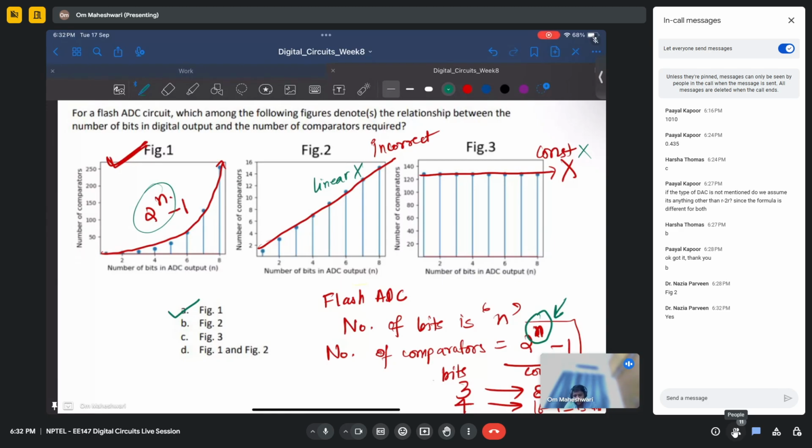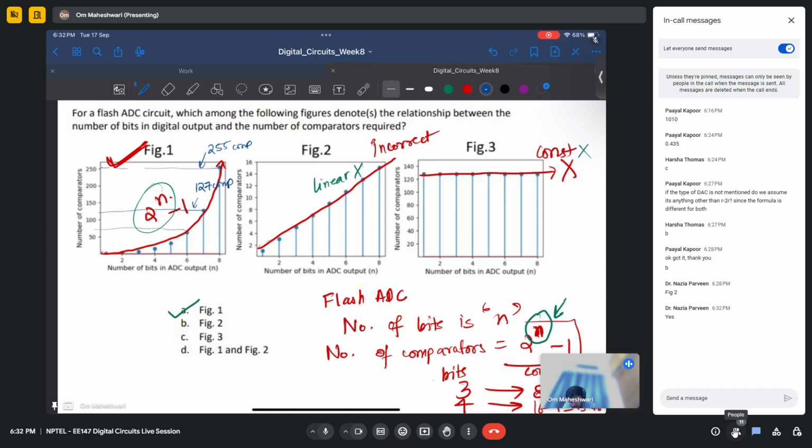If you want to verify, for 8 bits, you would need around 255 comparators. For 7 bits, you would need around 127 comparators.